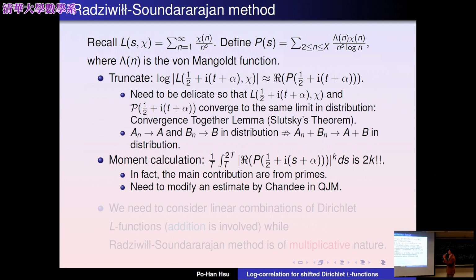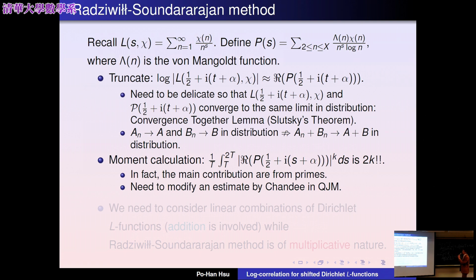And when we do our shifted Dirichlet function, we need to modify an estimate by Trendy in QJM. Originally, that lemma only needed a big O result. So in there, he just used a greater than or equal to bound on some quantity.